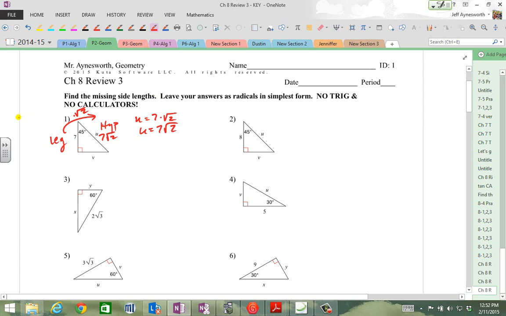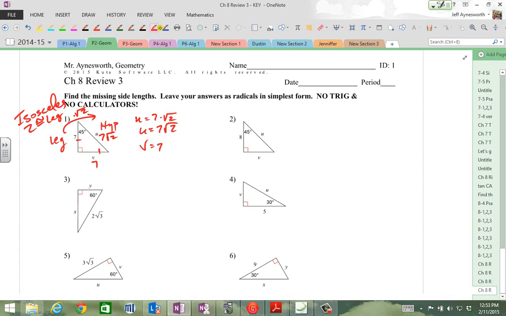The other thing you need to know is that these triangles are isosceles, which means we have two congruent legs. So these are the same. So v is 7. It's that simple. So the hypotenuse is longer, so we multiply by rad 2, but the two legs are congruent. So if you know one leg, you know the other one.